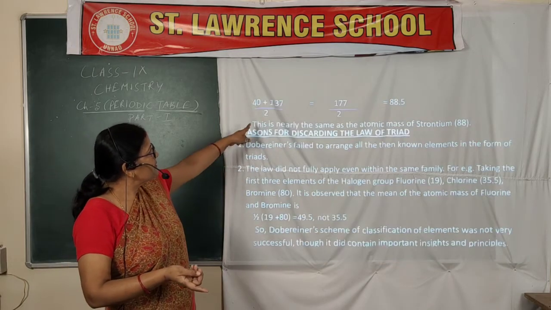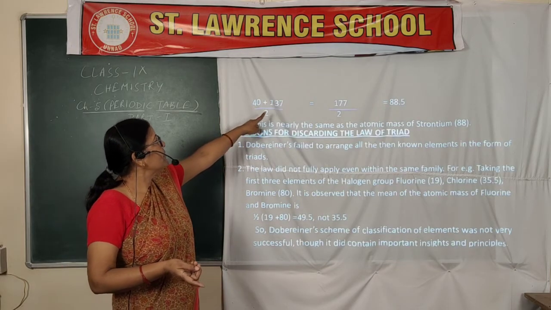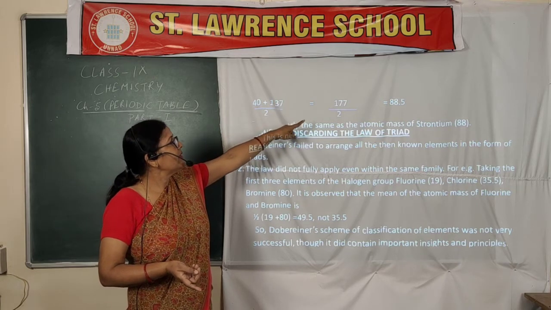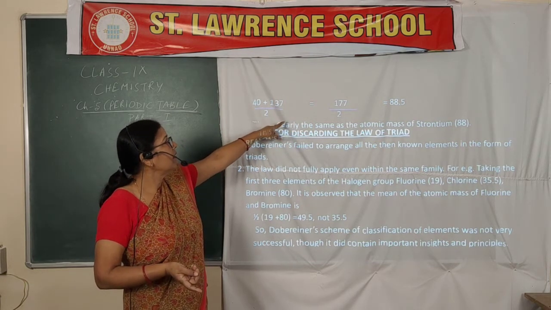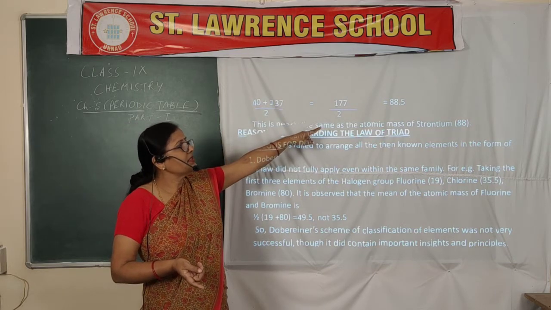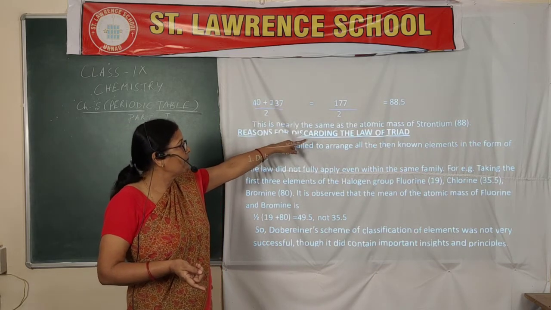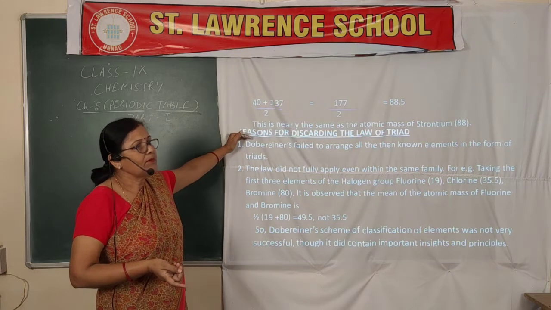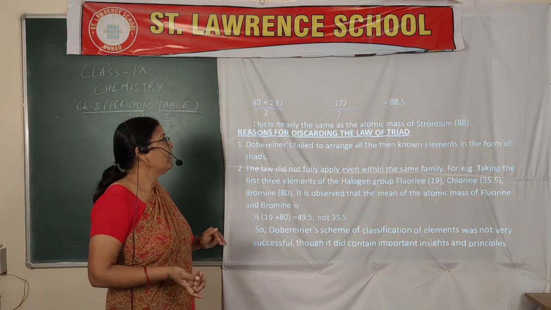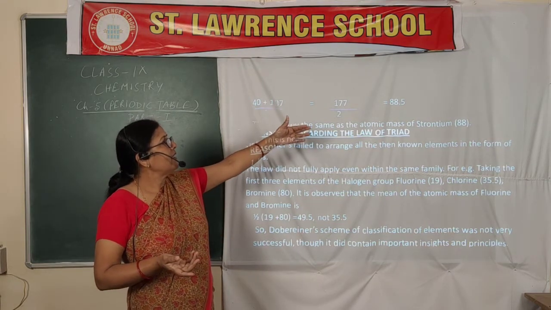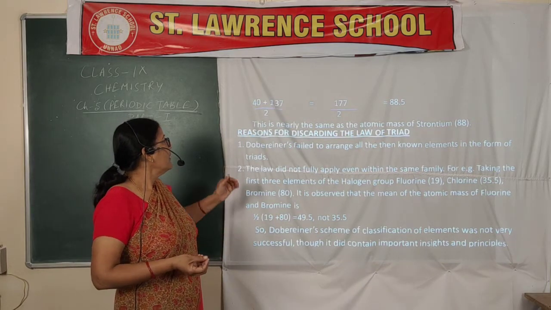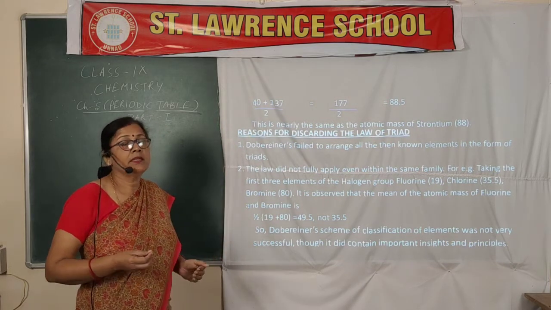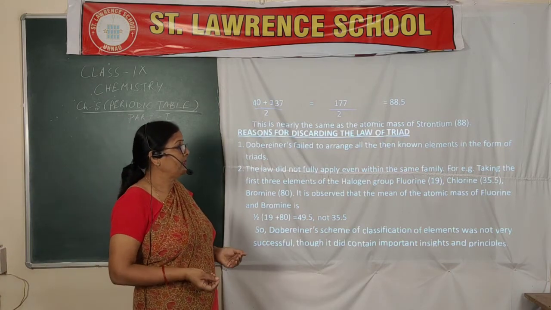You can see here 40 plus 137, 177, divided by 2, and you get near about the second element's atomic mass. In some cases it comes out okay, 88 or 88.5, a very slight difference. But in some cases it does not come out properly.